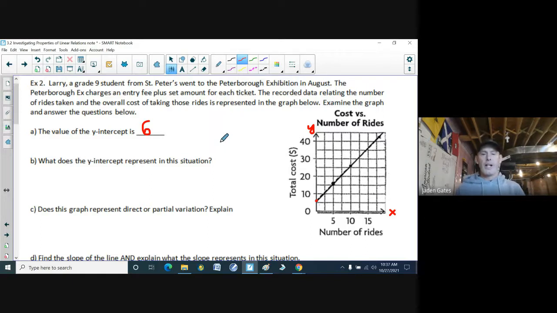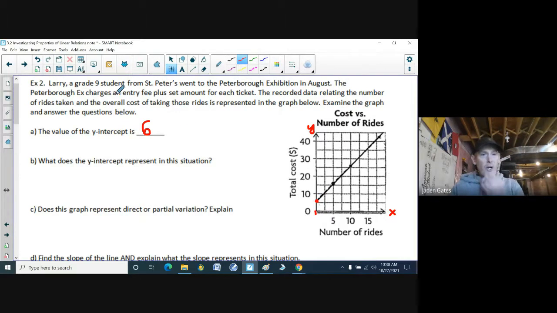All right. Now, again, we're trying to put some real life meaning to the situation. And so in B, it says, what does the y-intercept represent in this situation? So I look at this red point, my y-intercept here, and you can see on the x-axis, we have the number of rides, and the y is the total cost. And right here, we are at 0 rides, but yet the cost is $6.